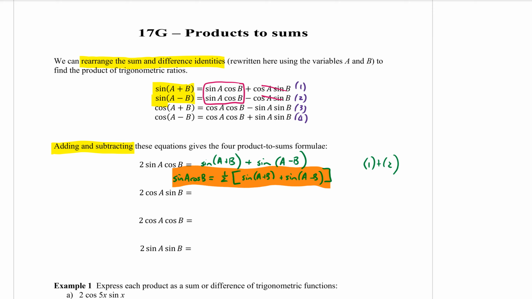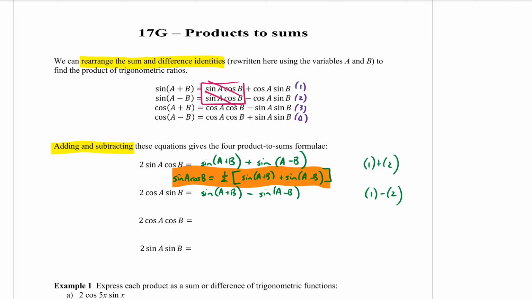Let's go on to the second one we want to find. What we're going to do is take the first two equations again, but this time we're going to subtract them. If I go sine of A plus B, the first equation, and I subtract sine of A minus B, the second equation, the sine A cos B minus sine A cos B parts would cancel out this time.